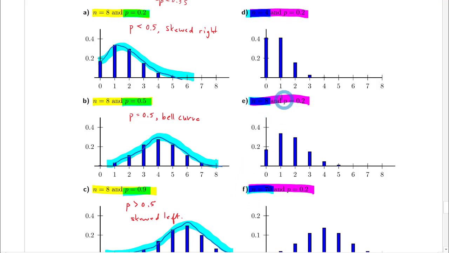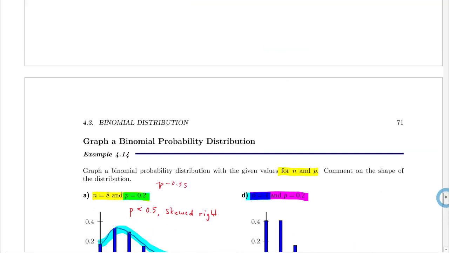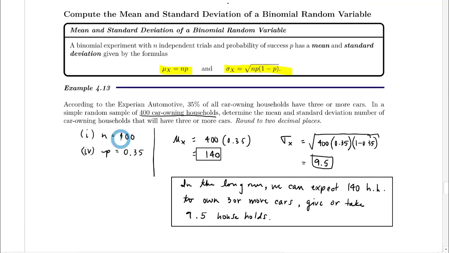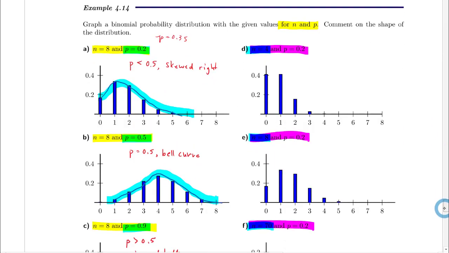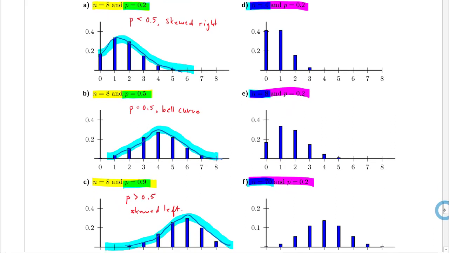So what happens when we fix the probability of success and increase the number of trials? This is similar to what we just did, right? We had 20 households the whole time, and then we increased it to 400. So this is our situation of why we did that and how it is affected.